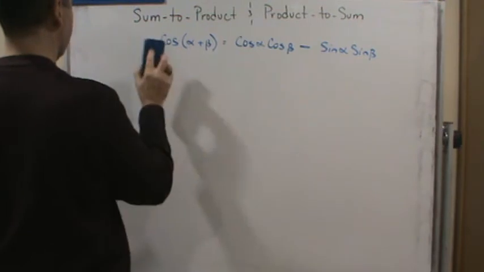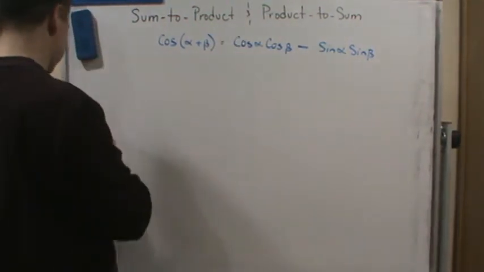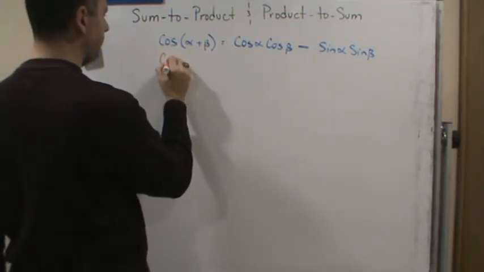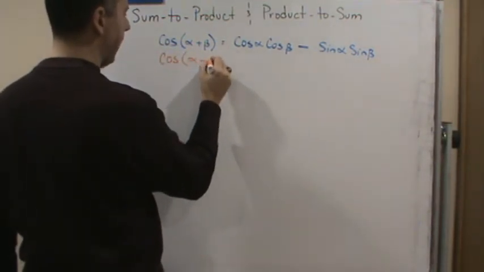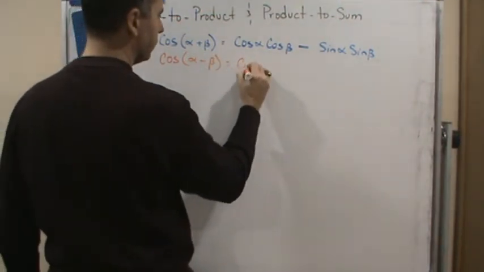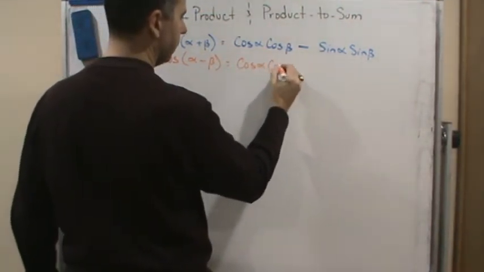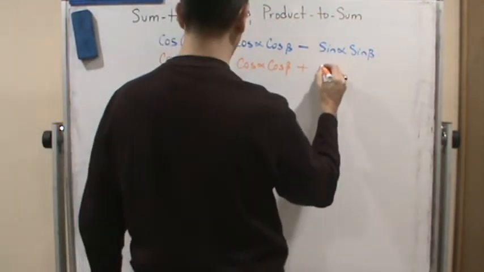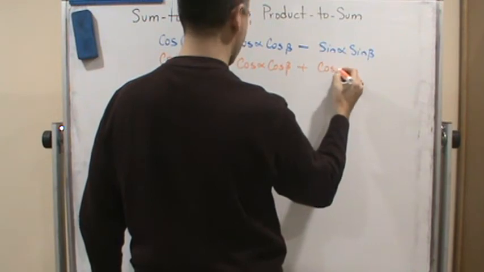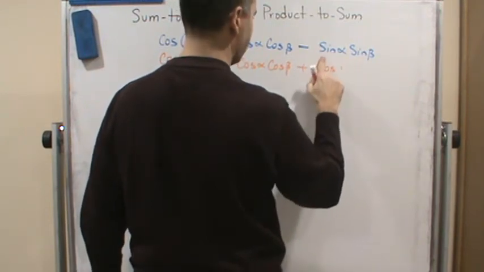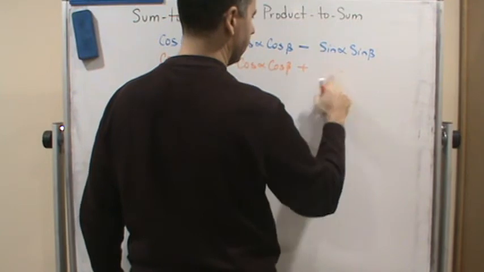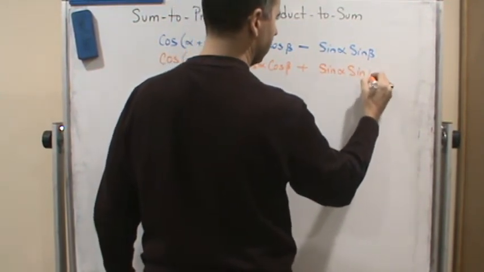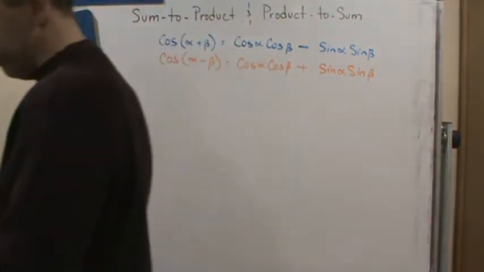And then we get for the other one, I'm going to use a different color here, only because this one's getting weak. So we get cosine alpha minus beta equals cosine alpha cosine beta plus sine alpha sine beta.